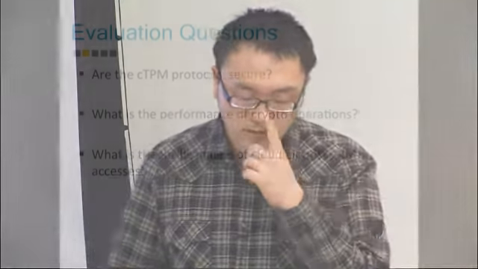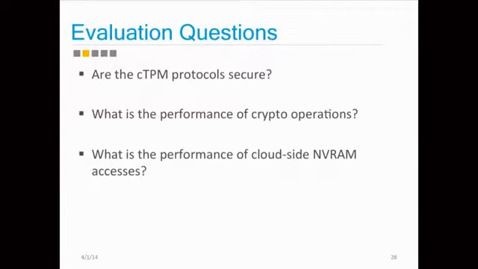We adopt the round-trip time information reported by Huang in MobiSys 2012. Specifically, in this section, we would like to answer 3 questions. First, is the cTPM protocol designed here secure? Second, what is the performance of crypto operations of cTPM? And finally, what is the performance of remote NVRAM accesses for cTPM?